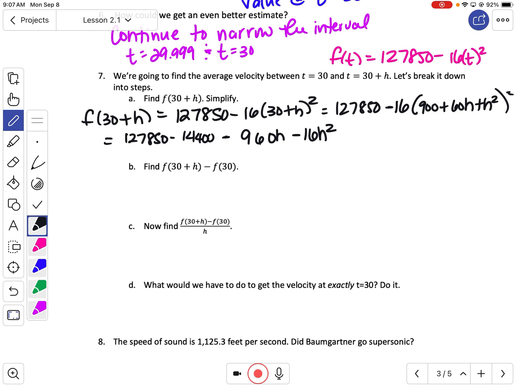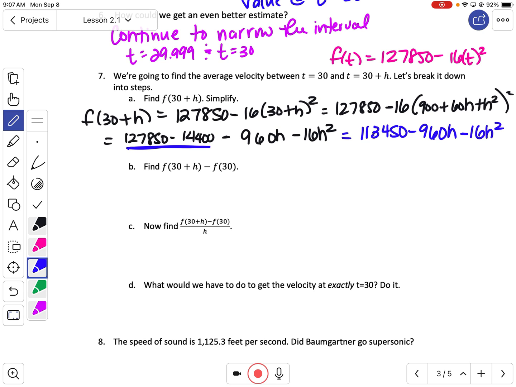So we're just distributing and combining all of our like terms. The only two things that I can still put together are these two numbers right here at the front. And so that's going to give me 113,450 minus 960h minus 16h squared. Okay, so that's our first expression.